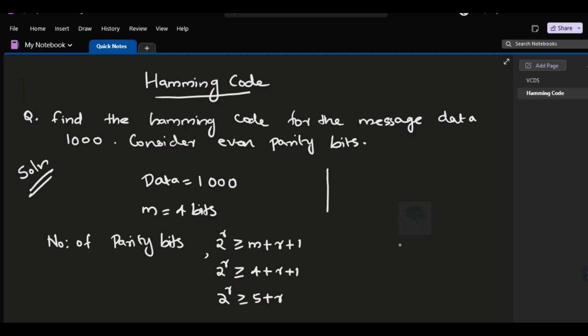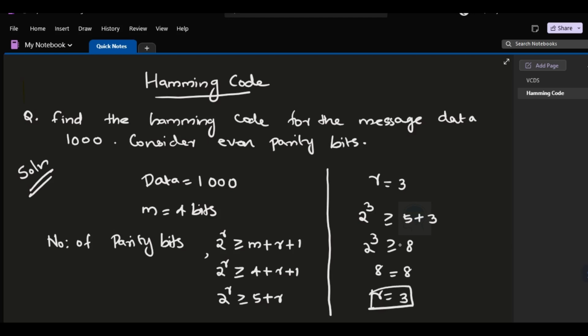Now substituting different values for r, if we substitute r equal to 3, we get 2 power 3 greater than or equal to 5 plus 3, so 2 power 3 greater than or equal to 8. 2 power 3 is 8, so 8 is equal to 8, and r equal to 3 is satisfied.